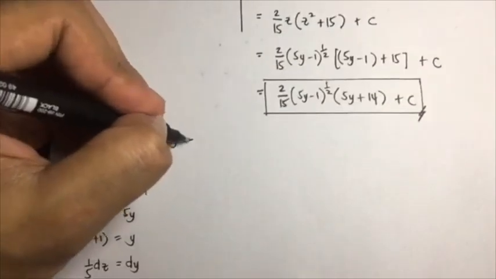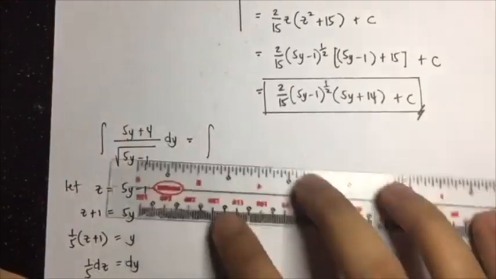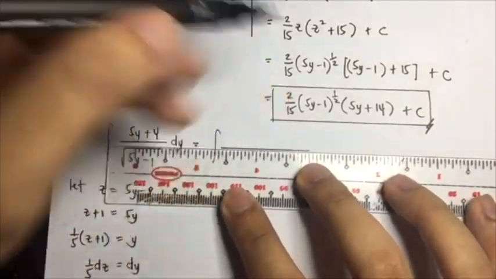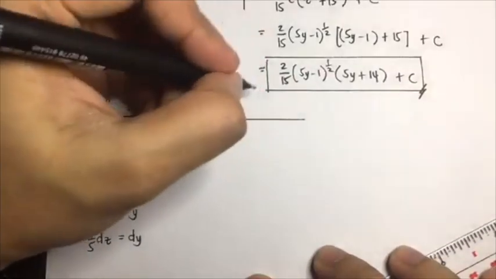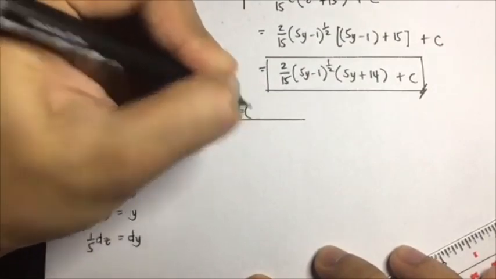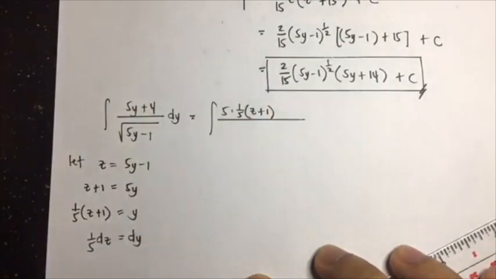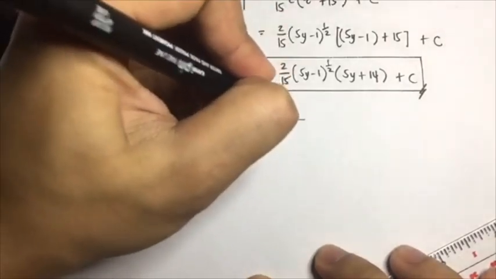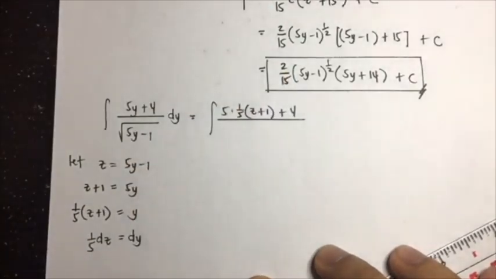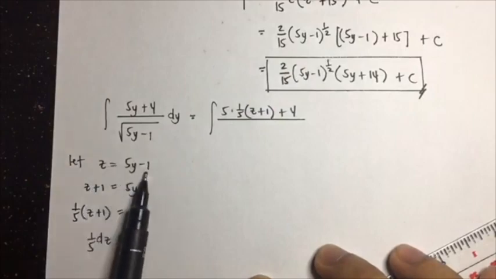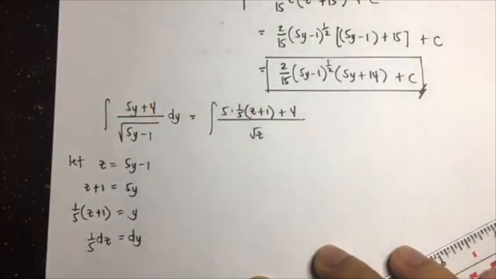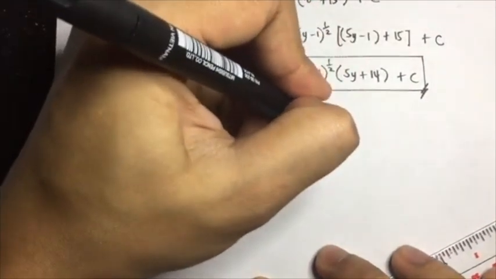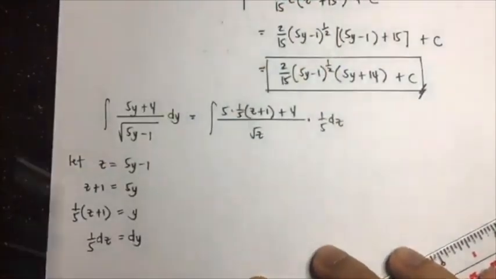So substituting, we will have the integral of 5 times y, which is 1/5 of z plus 1, plus 4, over, since only 5y minus 1 is z, the square root of z, multiplied by 1/5 dz for dy.